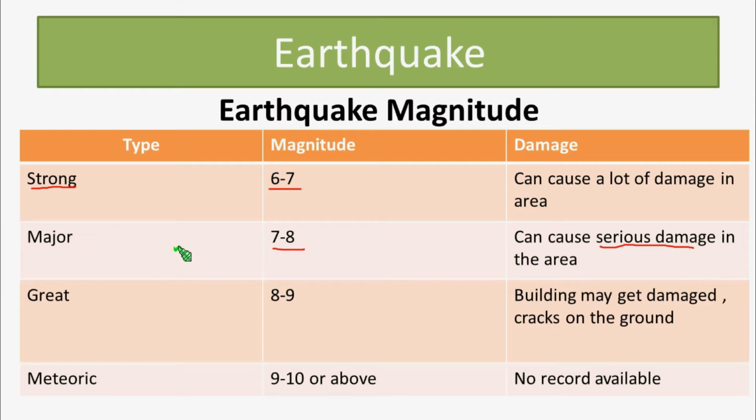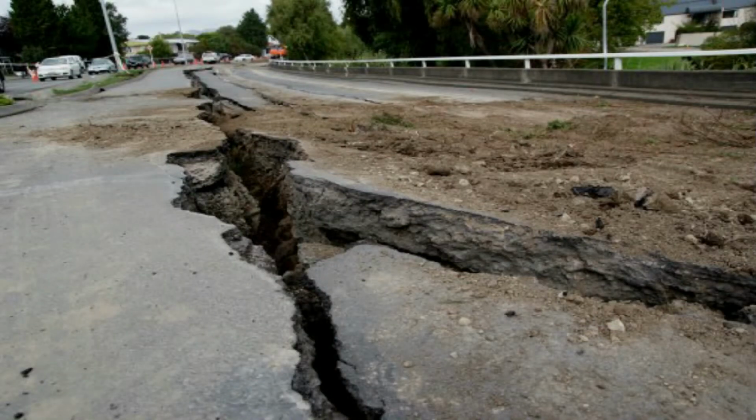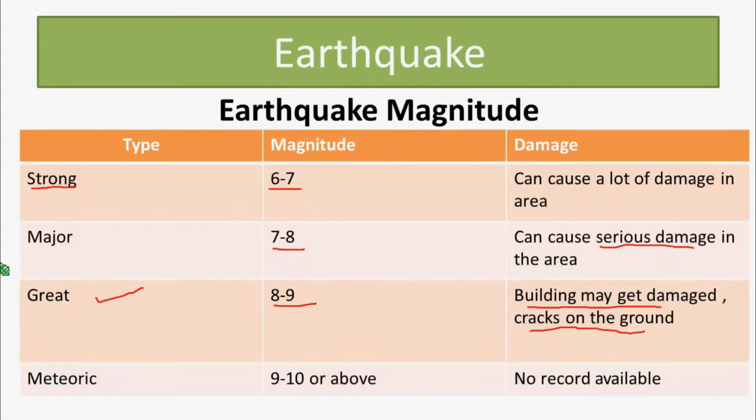The next intensity of earthquake is 8 to 9, and it is considered under the great earthquake category. Under this earthquake, what can happen? The buildings may be damaged and we may see cracks on the ground or roads may be broken.